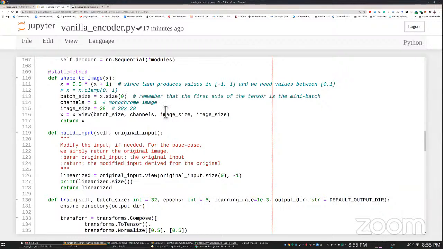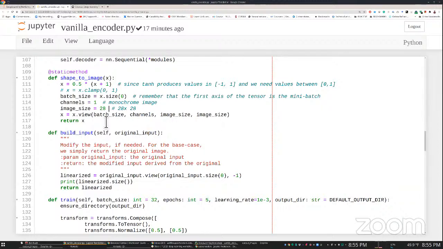The channel is one, because it's a monochrome image at this moment. By the way, you'll have to change this when you try other data sets. I'll leave that as an exercise for you. You'll have to change it to 3 or something like that. Now, we know that the MNIST data is 28 by 28.